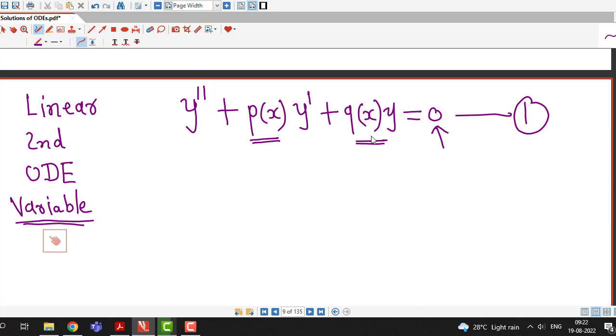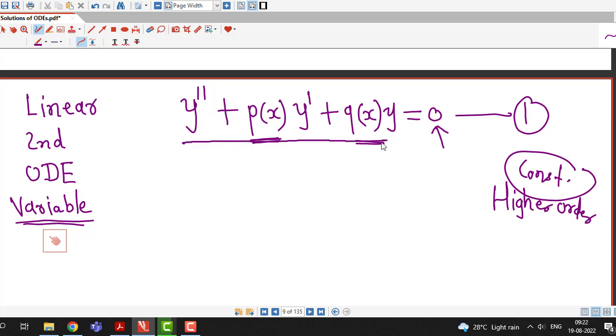Those methods discussed in the chapter on higher order ODE are applicable for linear differential equations with constant coefficients only. For variable coefficients we have to go for series solutions, if at least one coefficient is not constant, or is a function of x. We will discuss how to find the series solution in upcoming lectures.